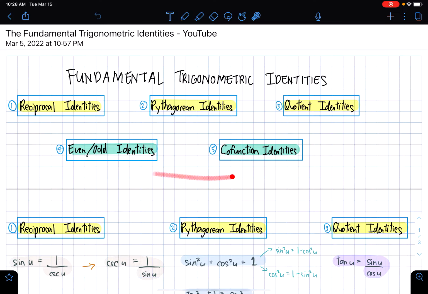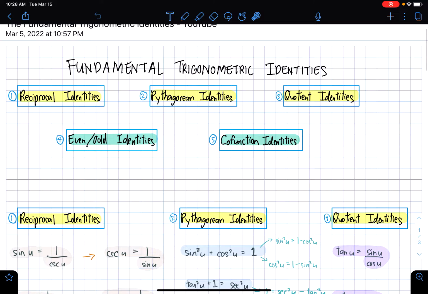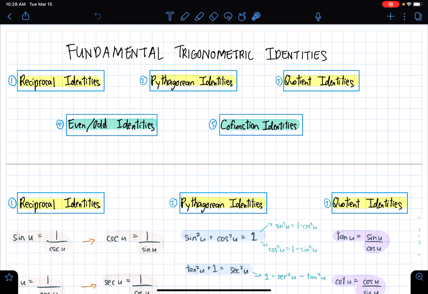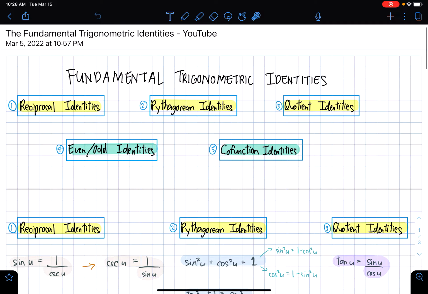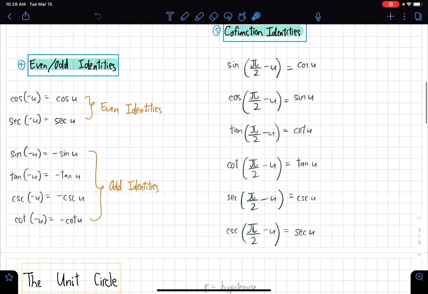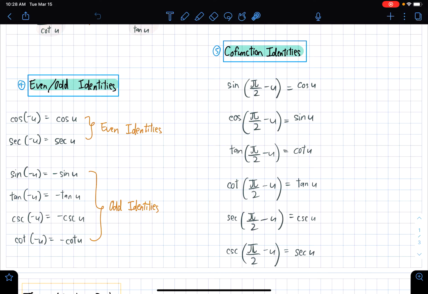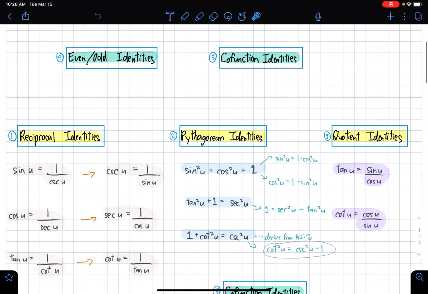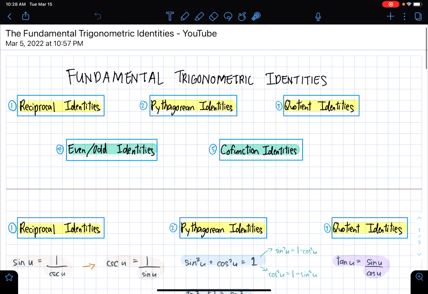But as for number 4 and 5, the even, odd, and co-function identities, there will not be any explanation for that as of now, especially for the next videos. Although yes, there are formulas stated on those identities, they won't be used in the following videos after this introduction.